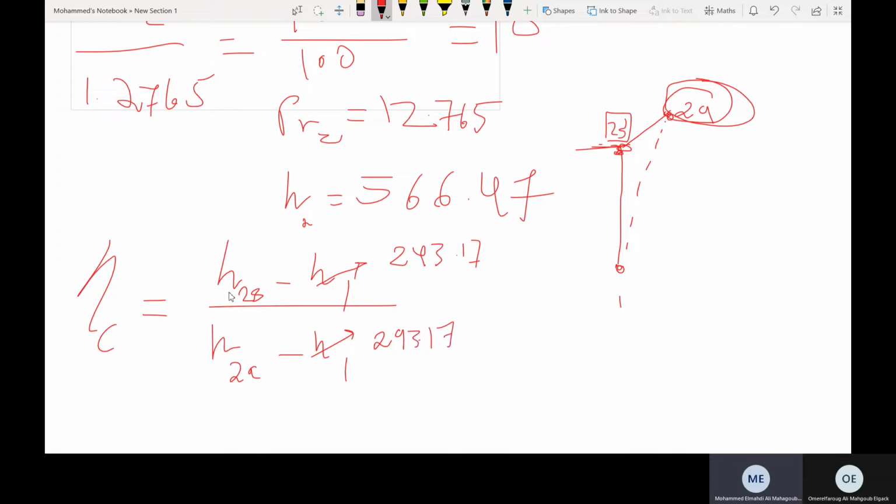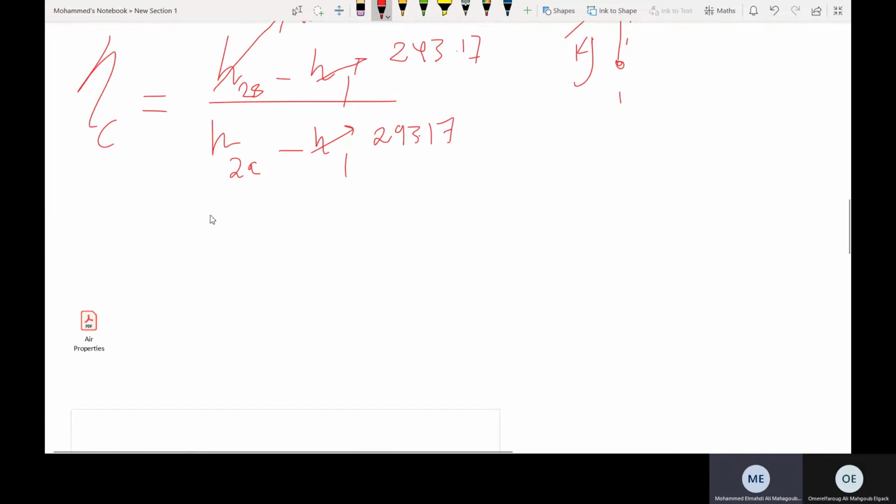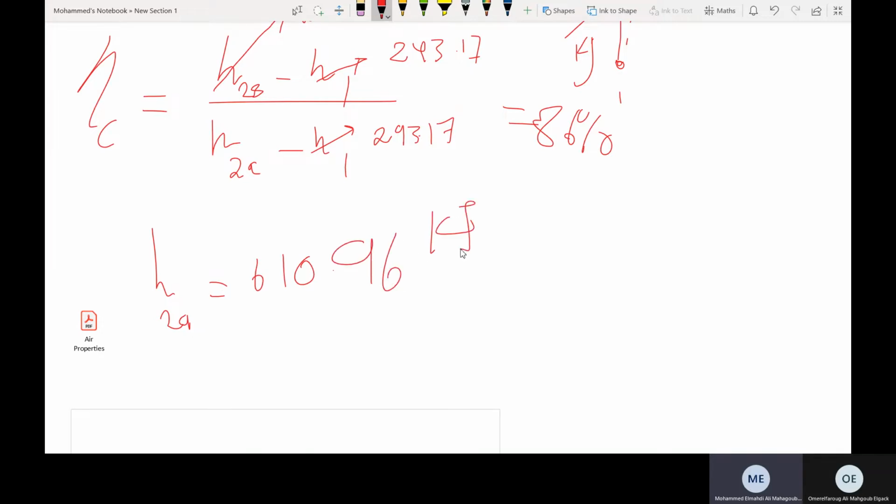H2S is 566.47 kilojoules per kilogram, and we can get H2A. This is all equal to 86% because this is the isentropic efficiency. So H2A is equal to 610.96 kilojoules per kilogram.